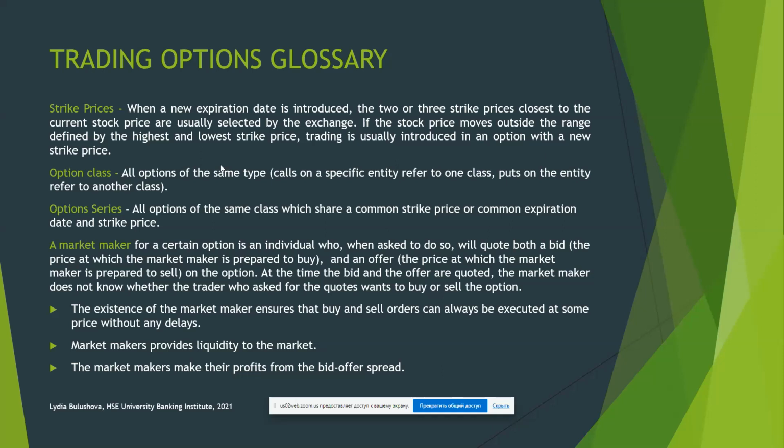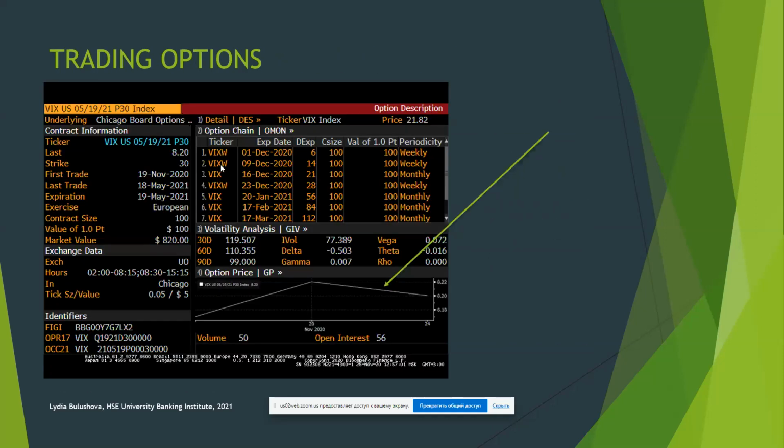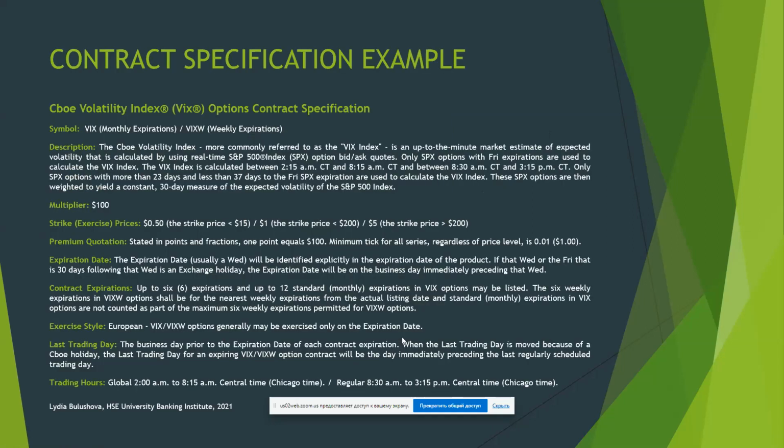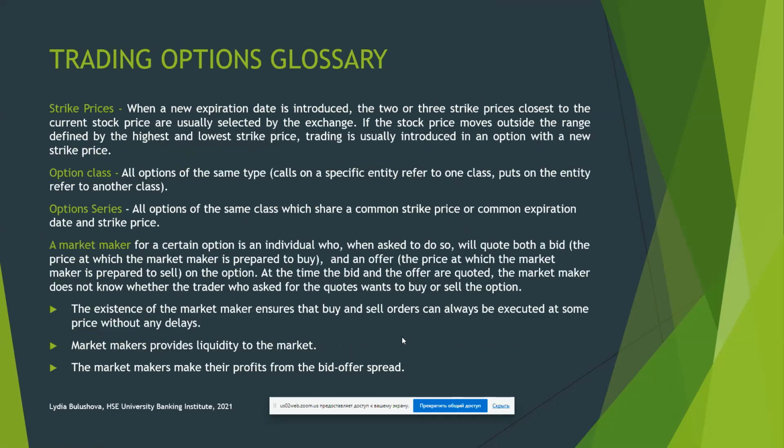And if you remember these open interest numbers, 143, and here open interest is 56. If we talk about Russian markets, it's quite possible that open interest is like 1 or 2 or 5. And we cannot call these markets liquid.